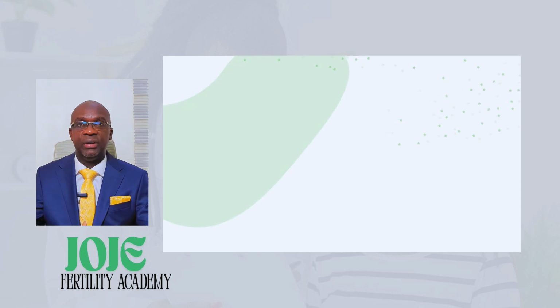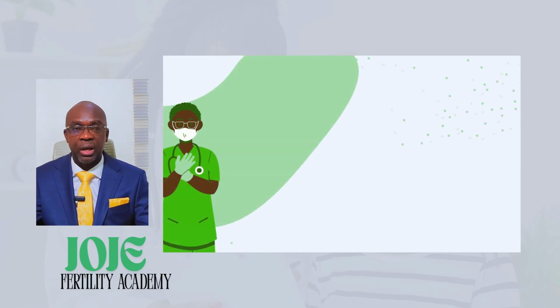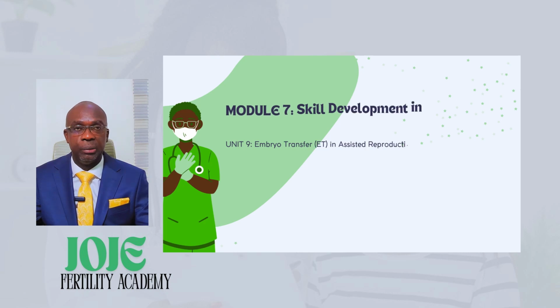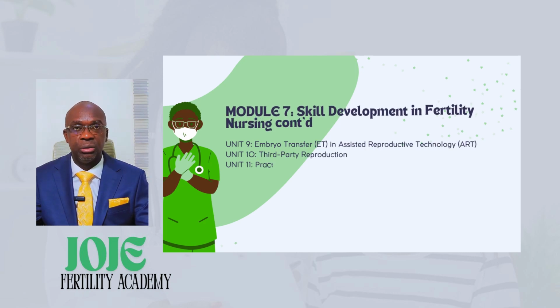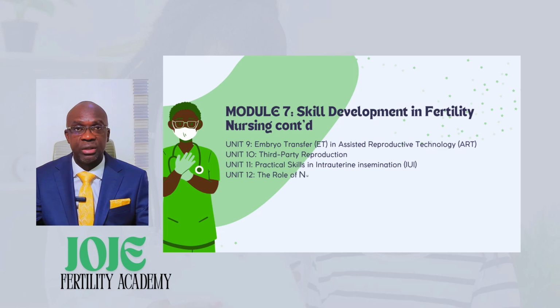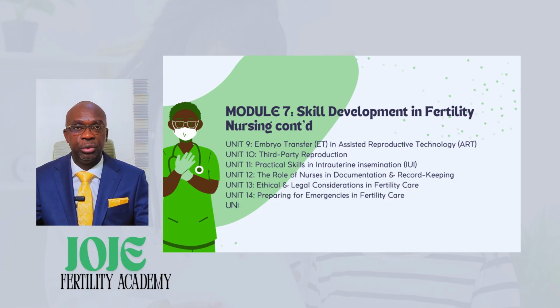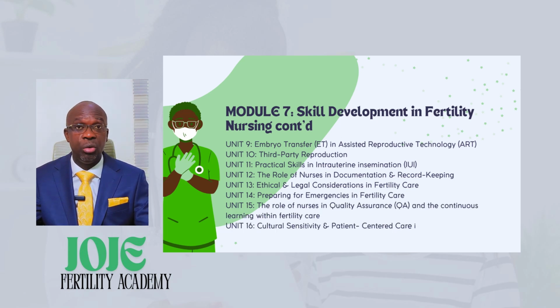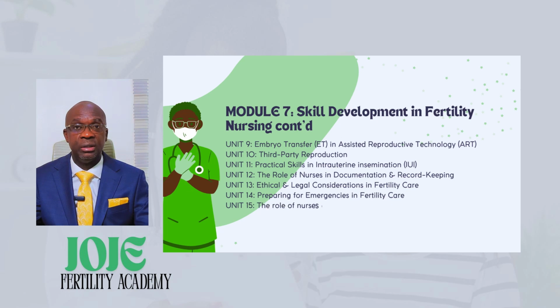Under skill development, there are still other units that will be covered. You have embryo transfer in assisted reproductive technology, third-party reproduction, practical skills in intrauterine insemination, the role of nurses in documentation and record keeping, ethical and legal considerations in fertility care, and preparing for emergencies in fertility care.